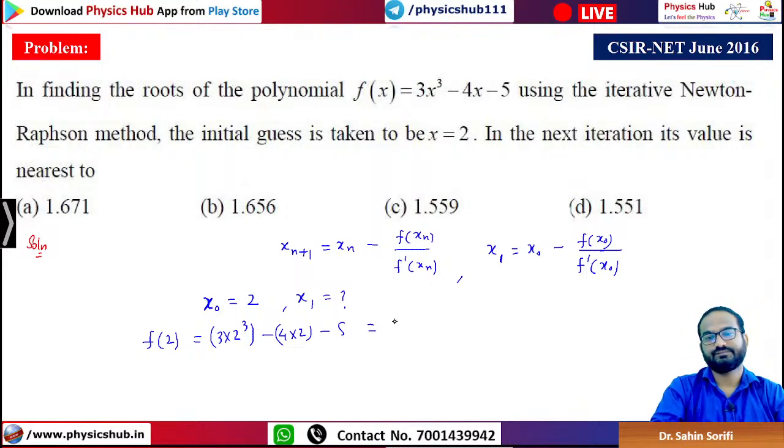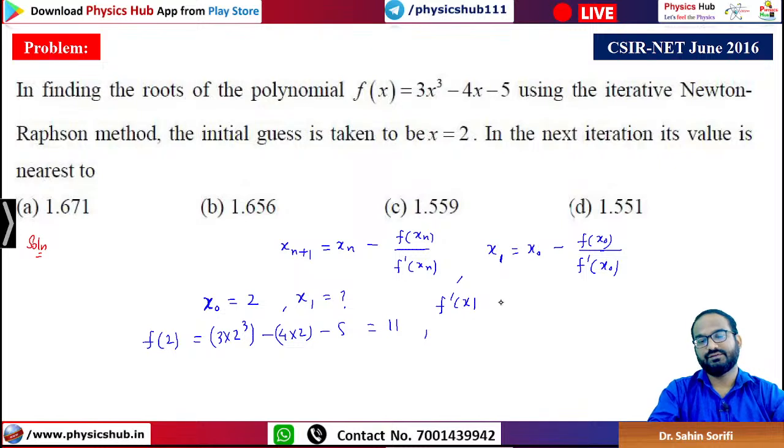It is 11. Now f of x is this, so f prime of x is 9x square minus 4. f prime of 2 will be 9 into 2 square minus 4, which is 32.